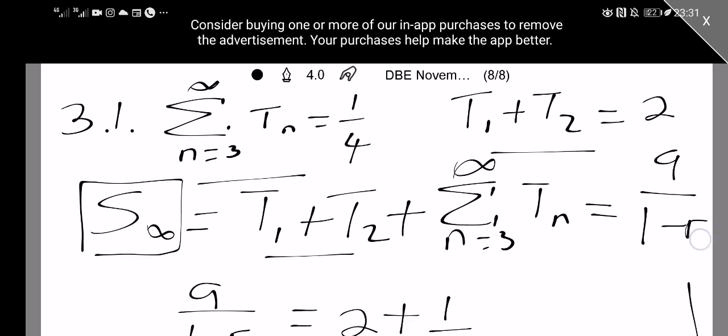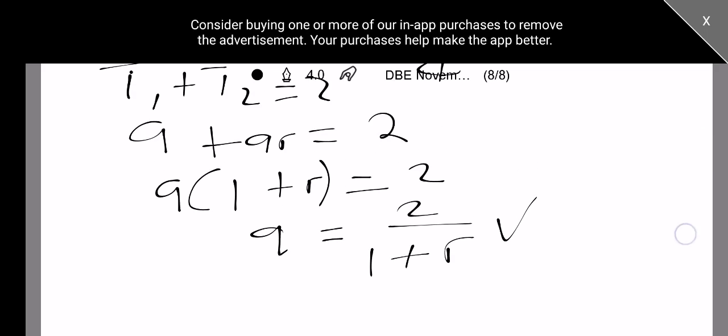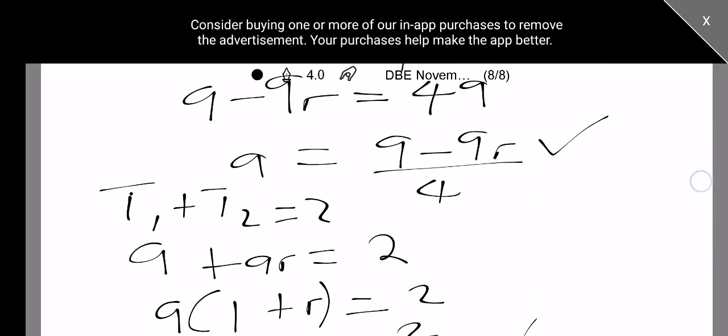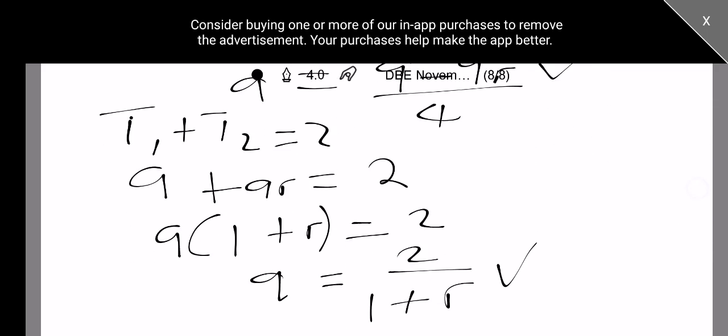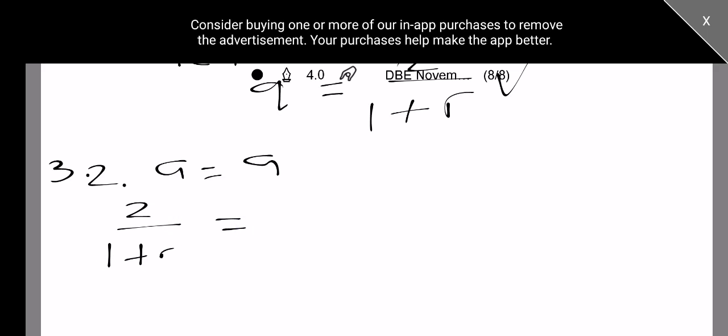Now guys, remember we had a in terms of r. What do you think is going to happen if we equate these two, since they are equal but expressed differently? Let's now equate them. 2 over 1 plus r equals 9 minus 9r over 4.